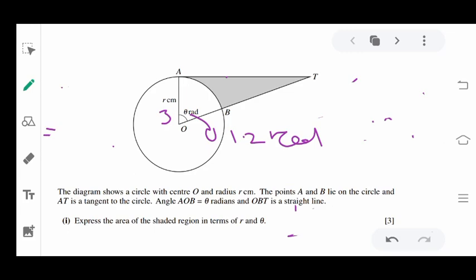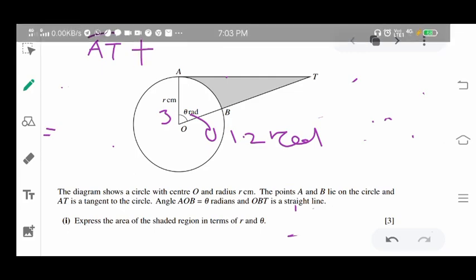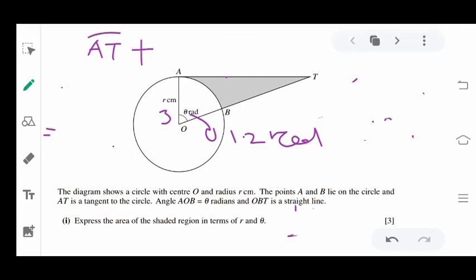So what is the perimeter of the shaded region here? It's nothing but length AT plus length BT plus the arc length AB. So we need the length AT plus length BT plus arc length AB.